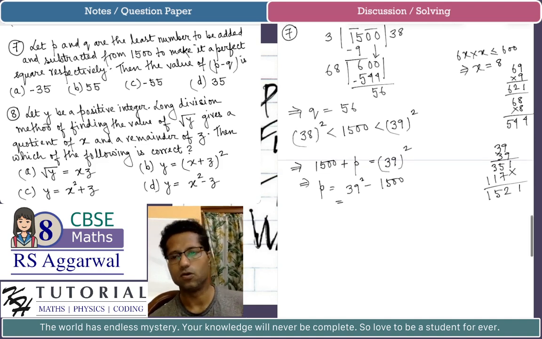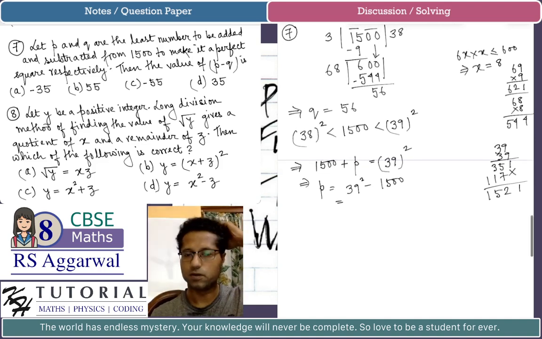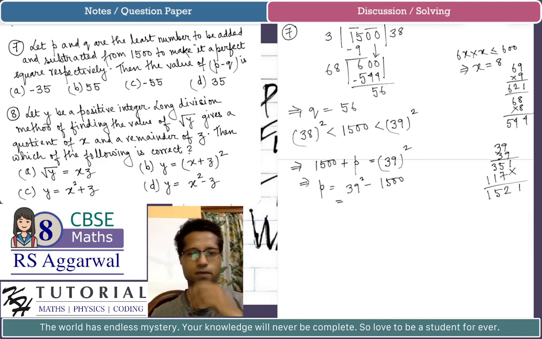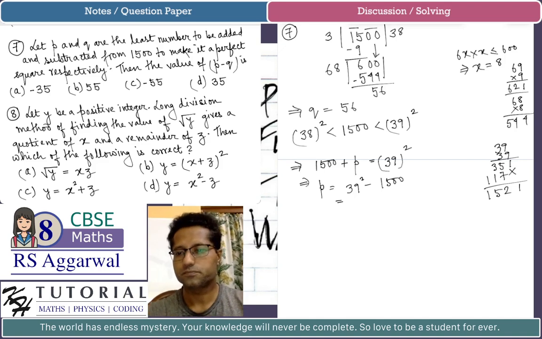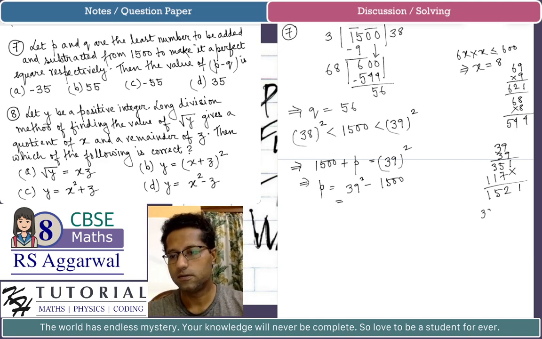We have studied the column method for finding the square of a two-digit number, or even the diagonal method, or even the whole square method. That is, 39 squared is equal to 30 plus 9 whole squared.